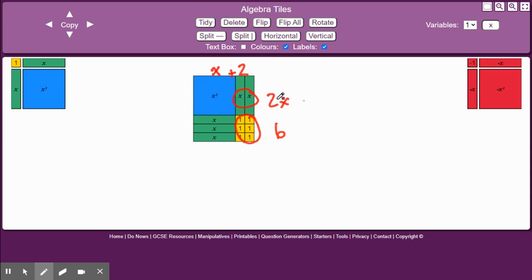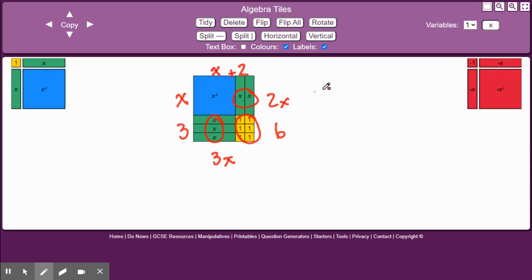The greatest common factor in the first row, x squared with 2 x's, is an x. Down here we have 3x, and we still have these 6 ones. The greatest common factor between these two is just a 3. So what you may notice is that there are 2 columns here, and that gives us a 2, and there are 3 rows this way, and that gives us a 3.